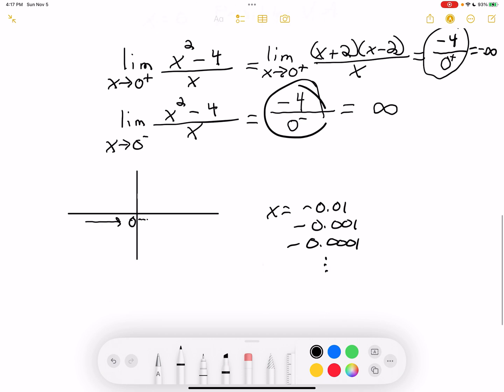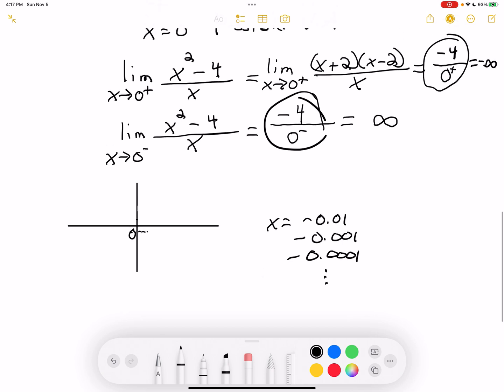And so I can now state that f of x at the point x equals 0 has a vertical asymptote. As we approach 0 from the right, we're going in the negative direction. As we approach 0 from the left, we're going in the positive direction. And it's going to look something like that, where x equals 0 is undefined, and it's a vertical asymptote.